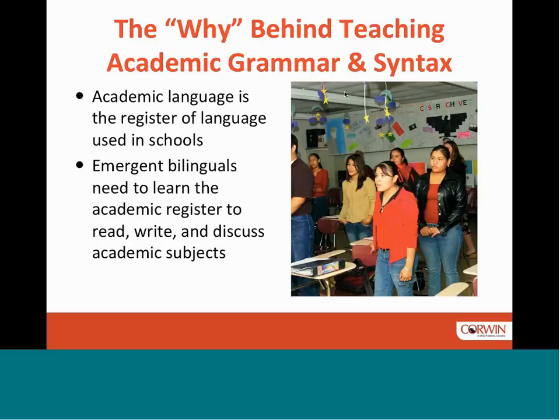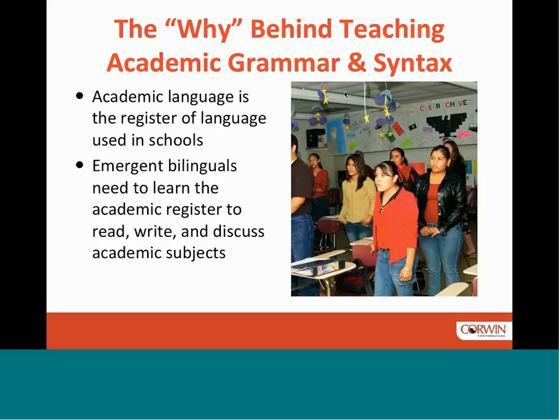So the first thing that we need to think about is that academic language is a register of language used in school. And by register, we mean that we use language and we use vocabulary, we use the grammar and the syntax differently in different settings.